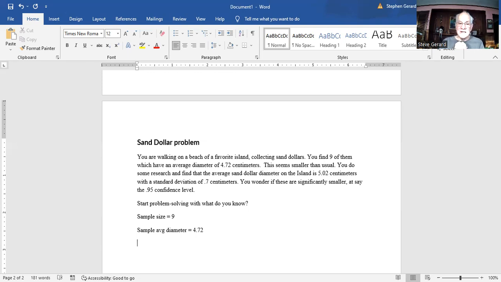In this case, it is legitimate to use the average for the island as your population average diameter, which equals 5.02.